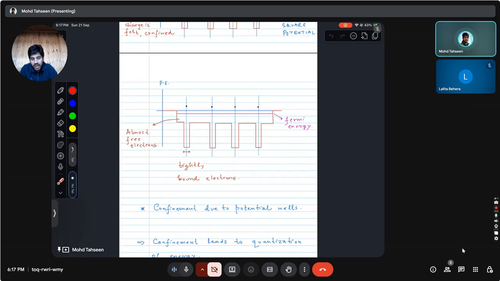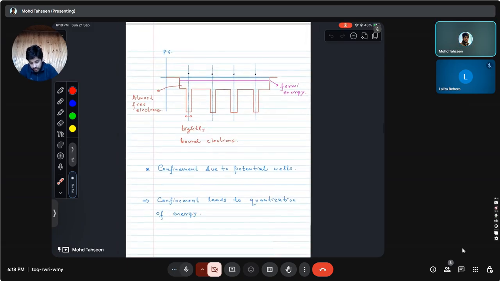This is the highest energy level occupied by an electron when we start filling electrons at 0 Kelvin, right? The highest energy level filled by these electrons is called the Fermi energy, and it lies somewhere in this region, in the almost free electron zone, for metals.